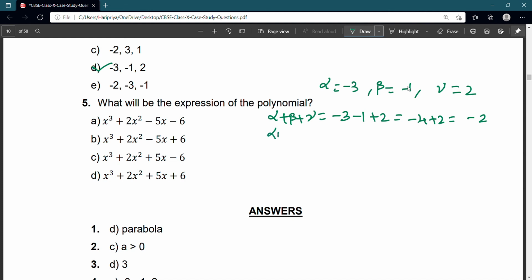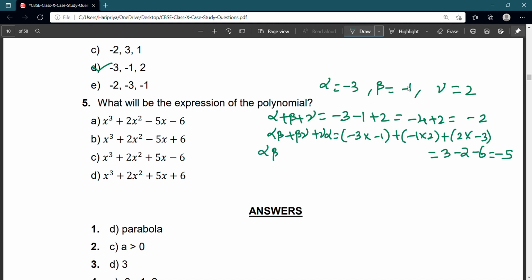Next, alpha beta, beta gamma, gamma alpha. So -3 into -1 plus -1 into 2 plus 2 into -3. So 3 minus 2 minus 6. 3 minus 2 is 1, 1 minus 6 is -5.